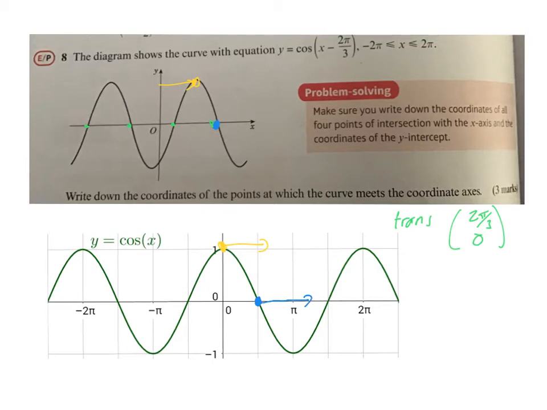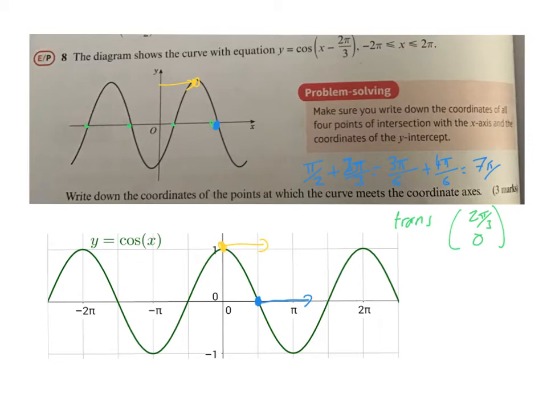So in order to find that, I consider I've got pi over 2, and I'm adding 2 pi over 3. So that's 3 pi over 6 plus 4 pi over 6. So it's 7 pi over 6.